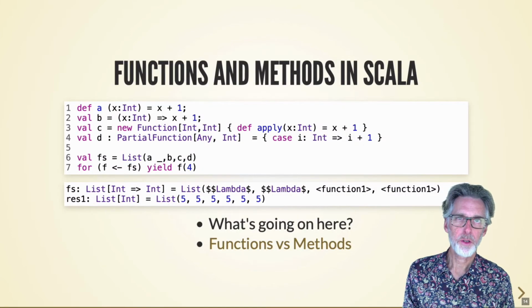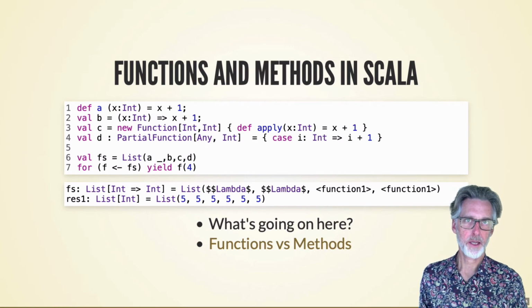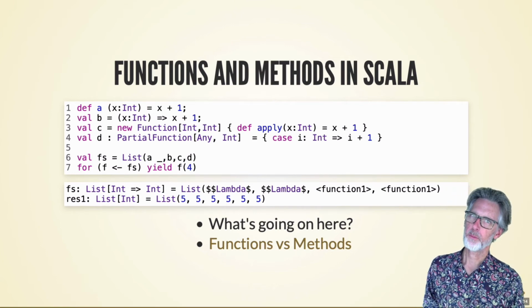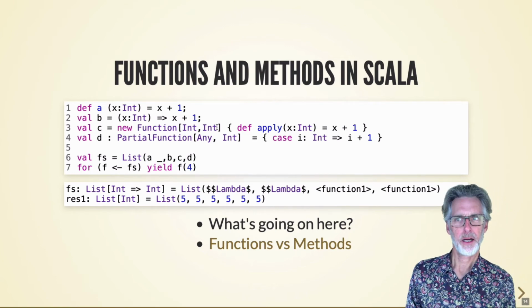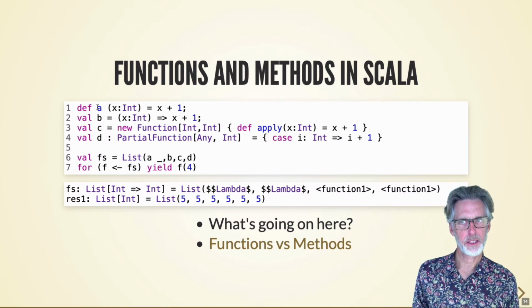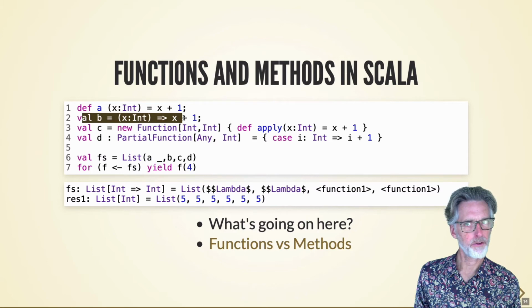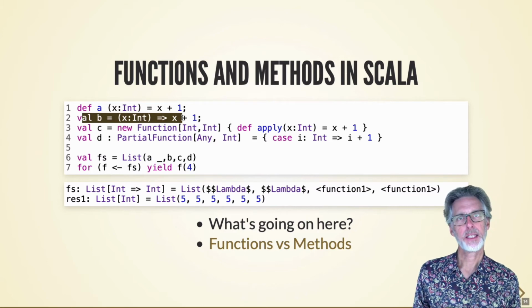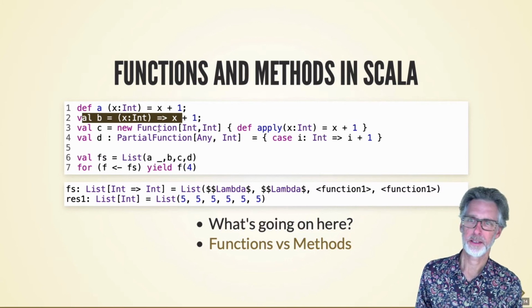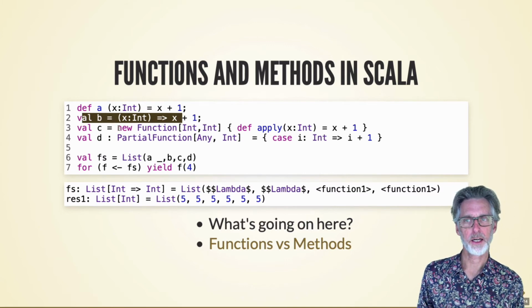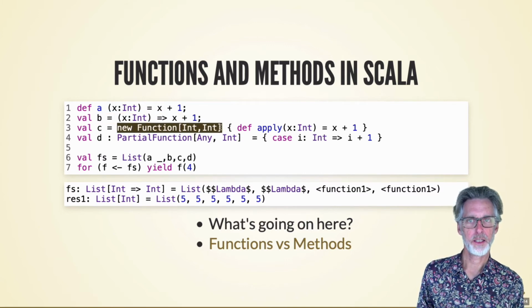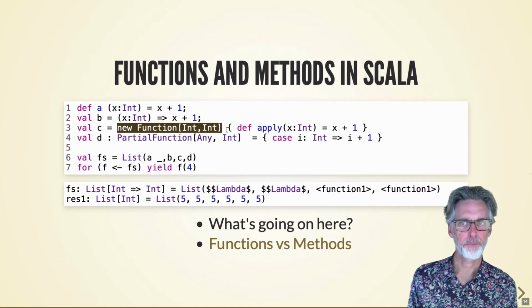So I've showed you a little bit about functions and methods in Scala, but there's actually quite a lot more to it. On line 1 here is a definition of a method. On line 2, you can see the definition of a function. But indeed, functions in Scala are really just objects. So I can also declare a function using the function constructor.